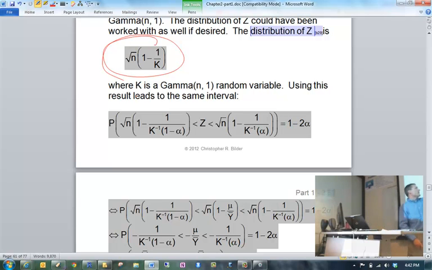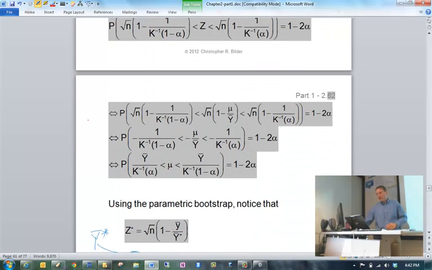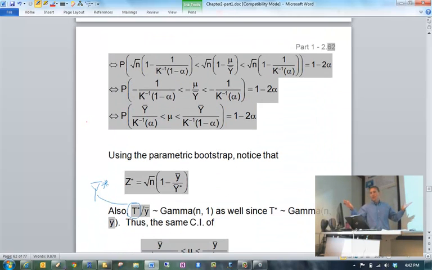Then put Z in the middle, put the quantiles now on the two sides, go through the algebra, and you get exactly the same interval.